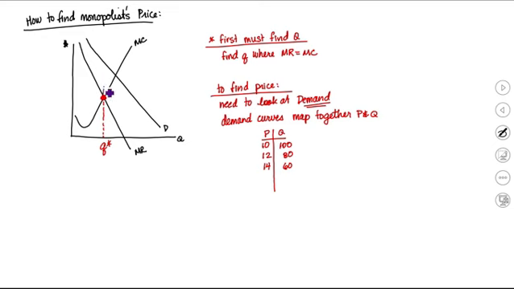I need to go up to the demand curve where price and quantity are mapped together, and then over. Everybody with me? Super easy. So I go up to the demand curve.